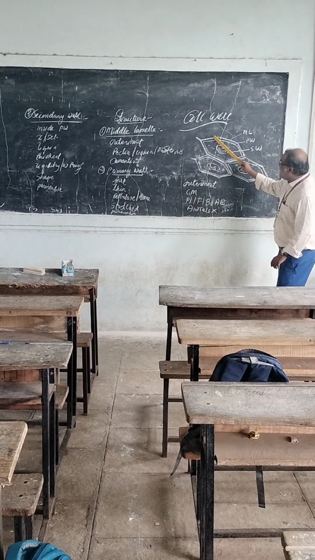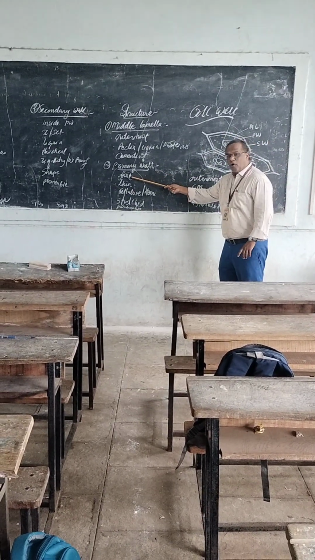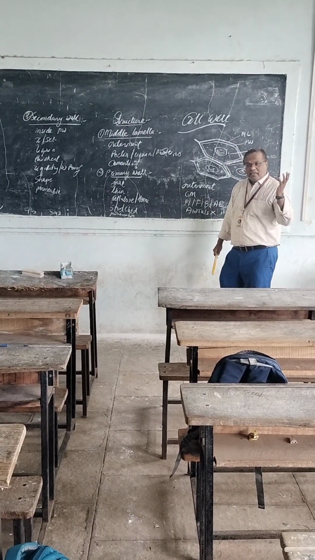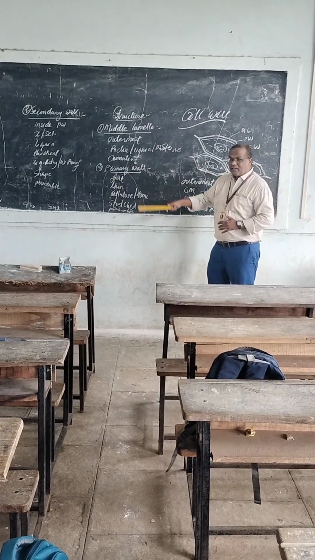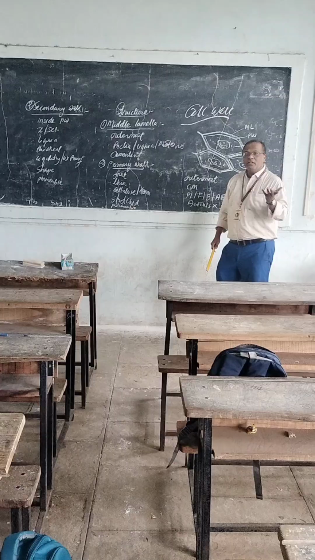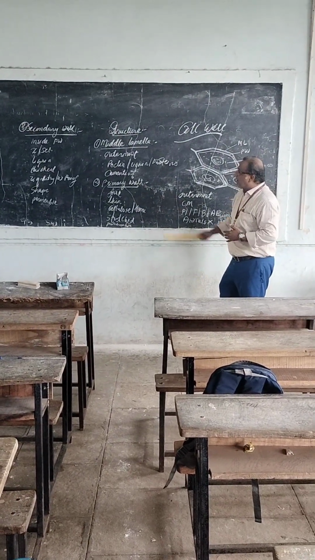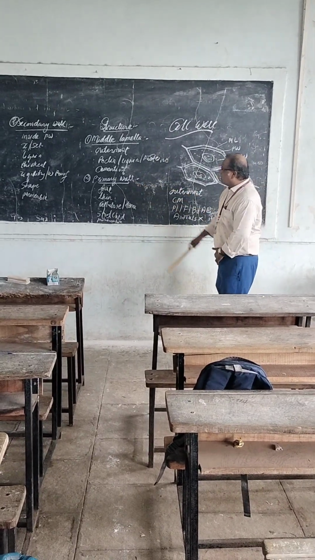Then after middle lamella there is a primary wall. It is firstly formed, and the primary wall is always present in each and every plant cell. The secondary wall may be present or may be absent according to the need of the cell or the plant, but the primary wall is always present.